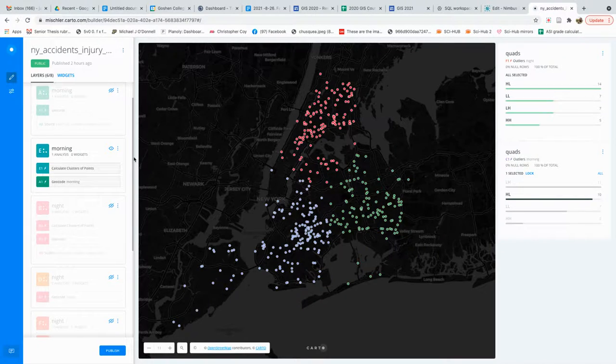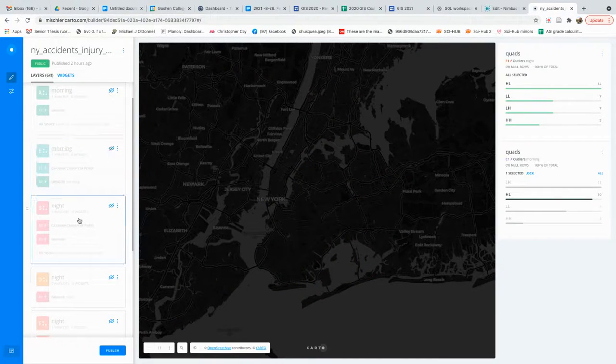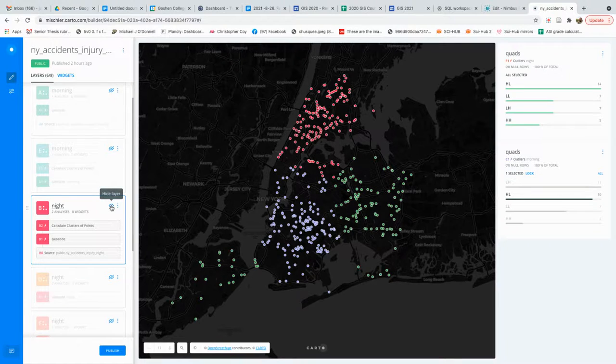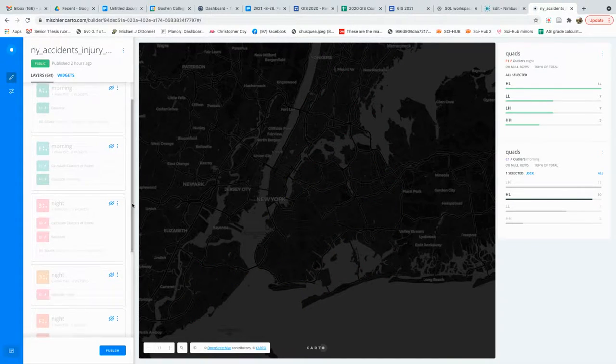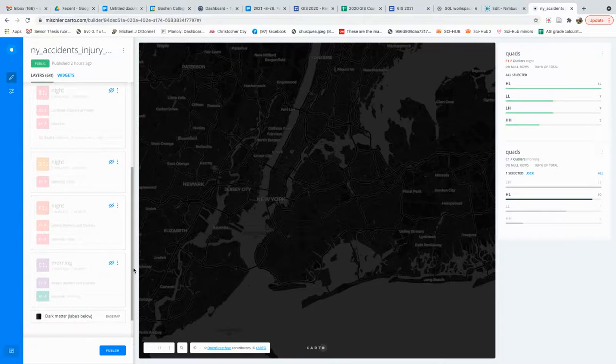I could have asked it to look for 5 or 6 clusters and seen if there was a difference. And there's the night cluster, which is pretty similar. These are clustered with the green, which I'm not exactly sure why. Again, if I had increased the number of clusters, I might have seen something different.